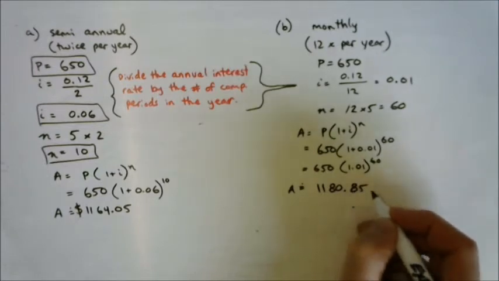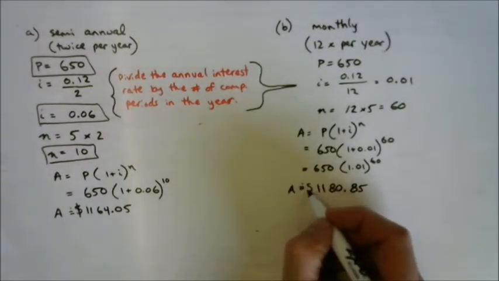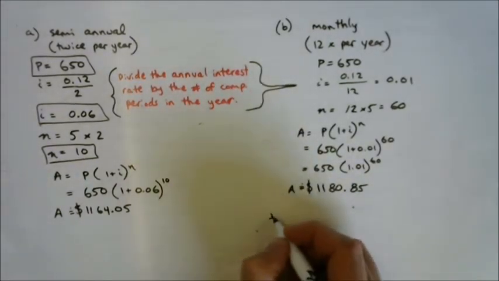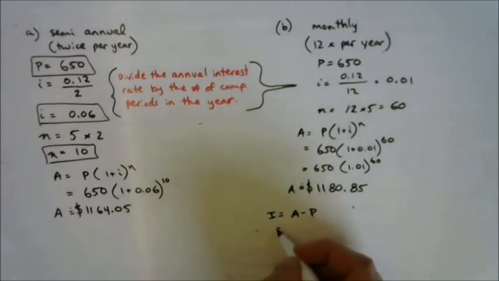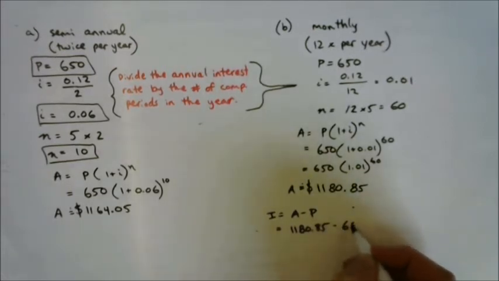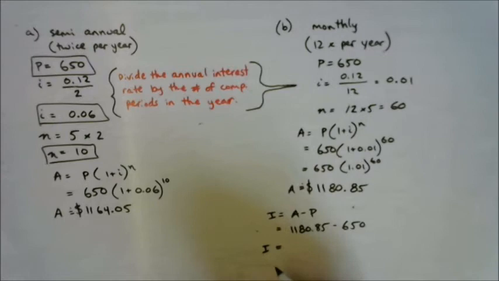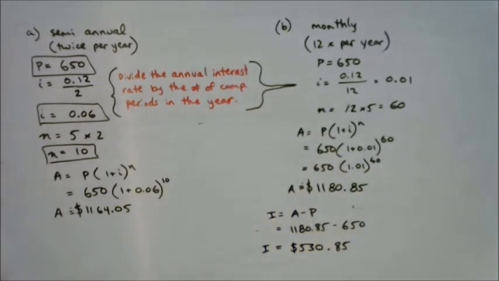Check up here to see how you did. 1180.85. And we can calculate the interest that he paid on that, which is just the amount that he owes them, minus the original cost of the guitar. In this scenario, paying 12% interest charged monthly, compounded monthly, he's going to pay $530.85 just in interest.